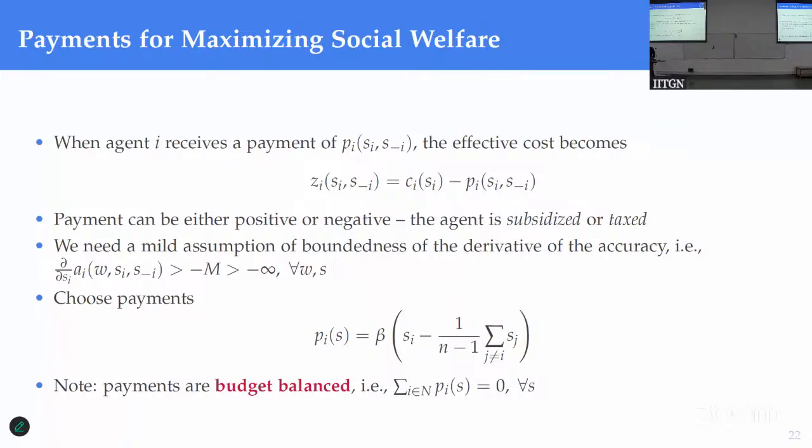Maybe the parameter beta in that case will be slightly different. I think the payment can also be used as the cost of agent i minus the cost of everybody else. I think the results won't change, we'll just need some assumptions on the cost function as well, because we are only showing some convergence guarantees, nothing more than that.